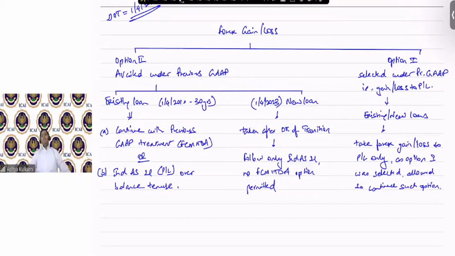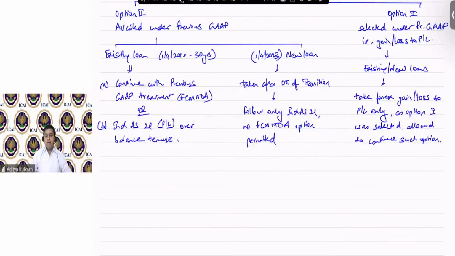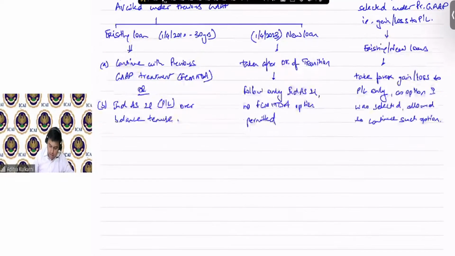Yeah, pretty clear. Forex gain or loss. All well. Okay. So now let us take a couple of permutations and combinations, and then you tell me whether it is permitted or not permitted.